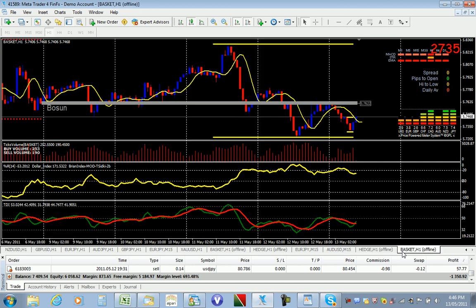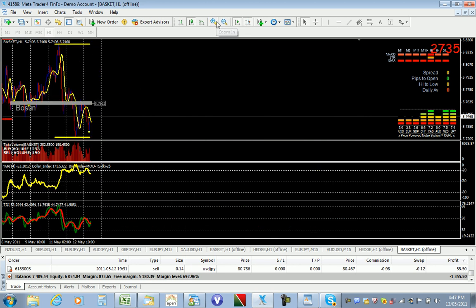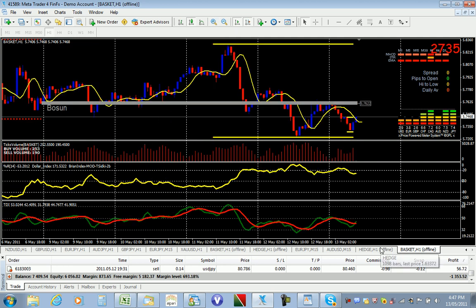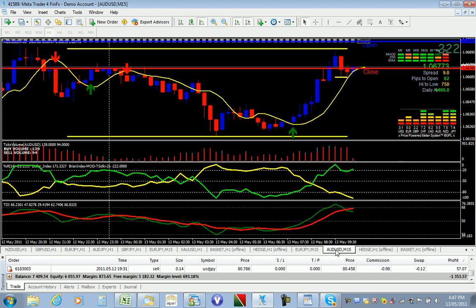Of course it applies to the basket as well, which direction the basket's going up. Bosun's lines, you can minimize it, have a look at it in detail, bring it up. The hedge, the trend direction, here's a line chart, the 3 MA lines, everything is there for you to trade the Forex. Use it to your own methods.